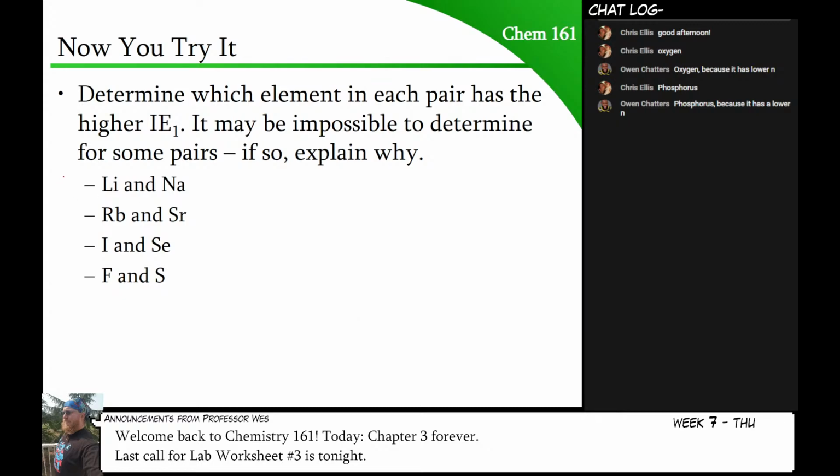Let me write down some numbers here. So 1, 2, 3, 4. And I'll give you like 5 minutes to do this because these are pretty straightforward once you know the trends.